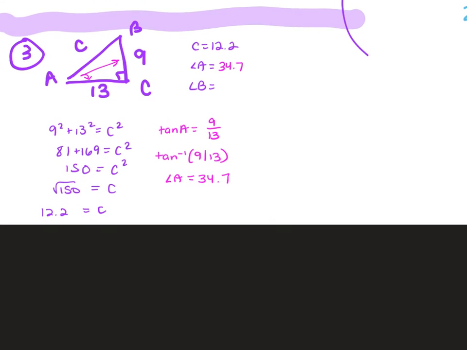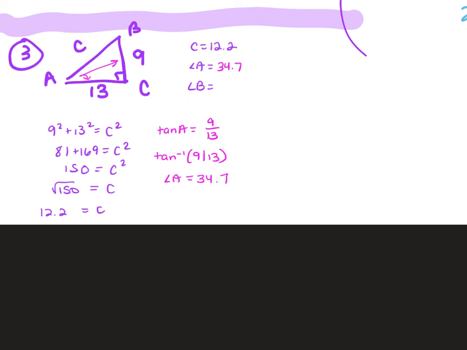And then for B, again, I could do 90 minus 34.7, which is 55.3, or I can use the trig function for B. 13 is opposite and 9 is adjacent, so the tangent of angle B would equal 13 over 9. Inverse tangent, 13 divided by 9, and I'd get that same answer, 55.3.